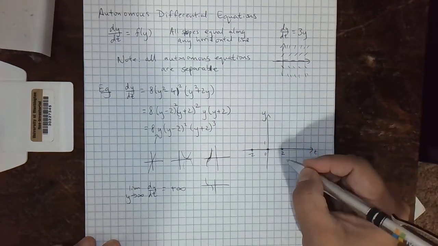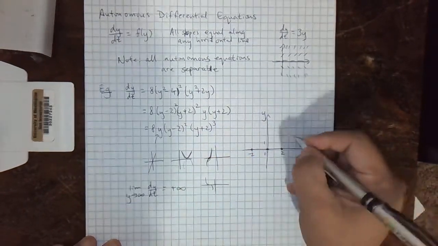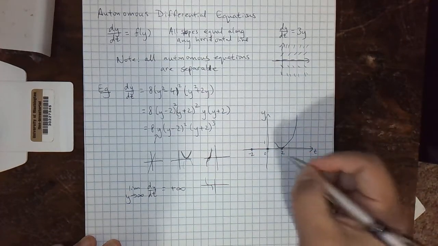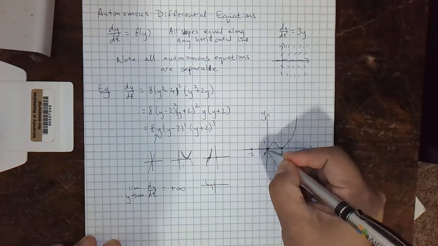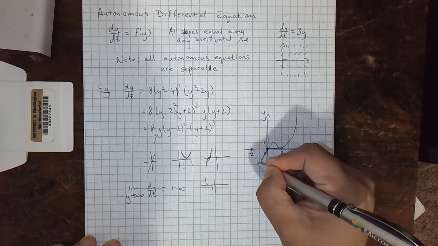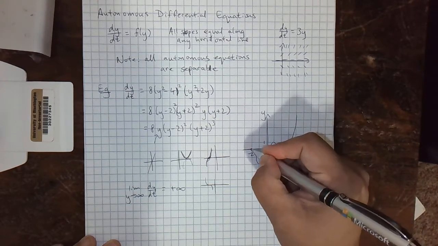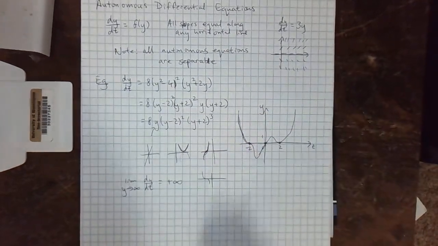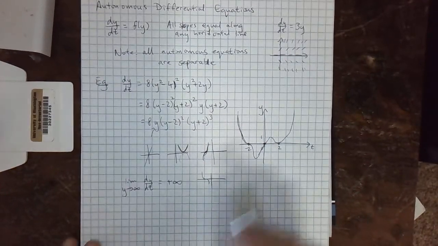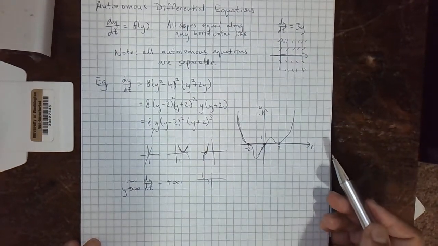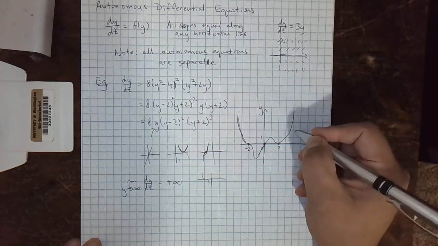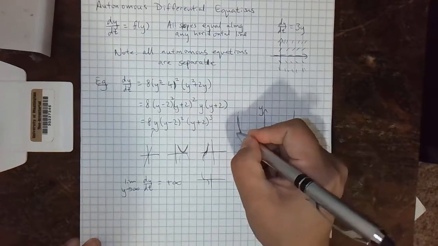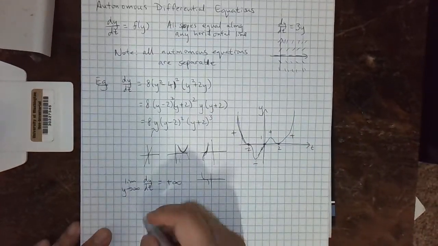So we need to be going up here. So we go up, and then we need a single root at 0, and then we need to come back and do some sort of triple root business. It doesn't really matter if you draw this cubic part accurately, at least not for the purposes of doing this, because we're only really looking at the signs. So we notice that we got positive slope here, negative slope here, and positive slope here.